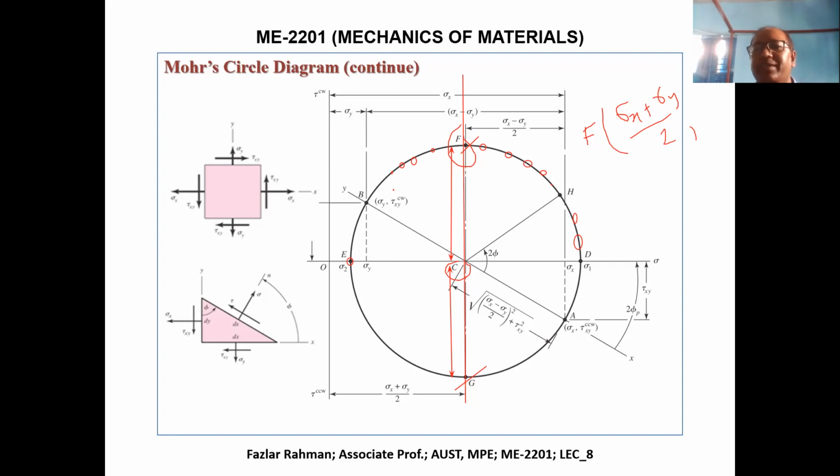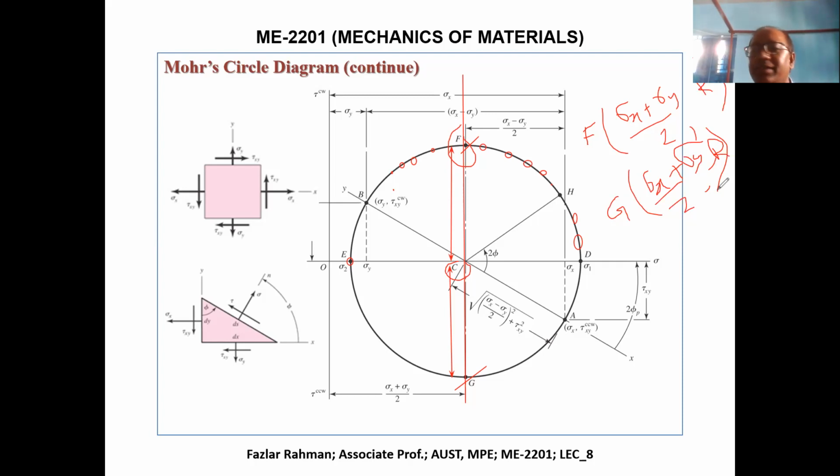So I just say this is tau, and I am putting positive because the upward direction of tau is positive. And what will be the coordinate of point G? The sigma x coordinate will be the same as F, so sigma x plus sigma y divided by 2, comma minus r. So this will be the G coordinate. So if you figure out the maximum radius, that is the maximum shear.